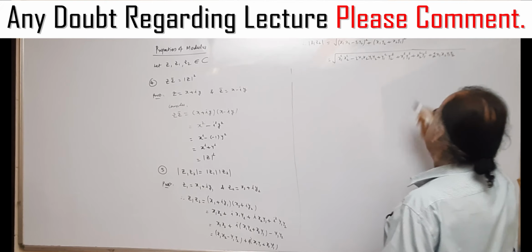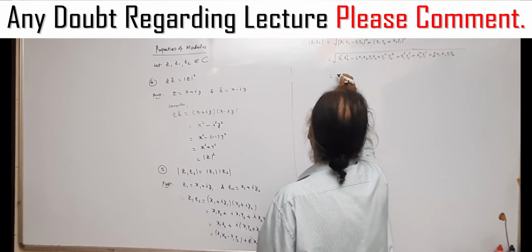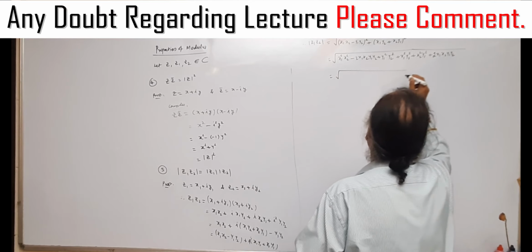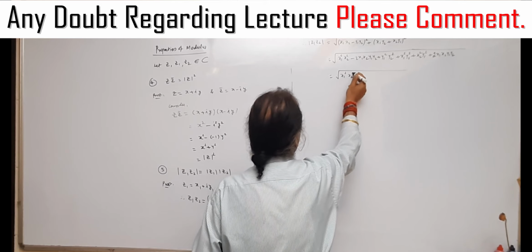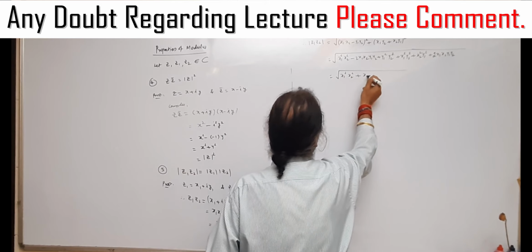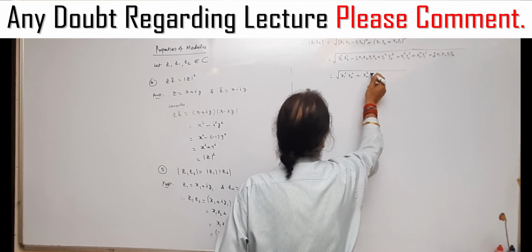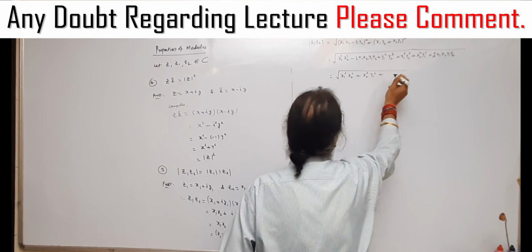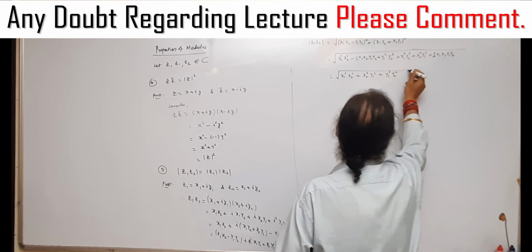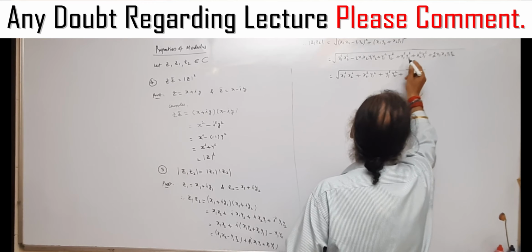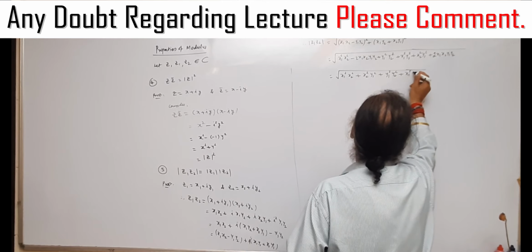Now this and this will get cancelled. So what is left? x1 square x2 square plus x2 square y1 square plus y1 square y2 square plus x1 square y2 square.